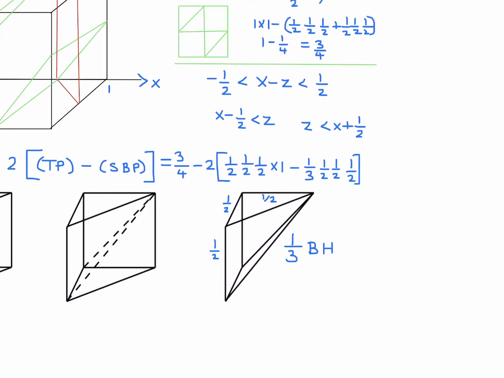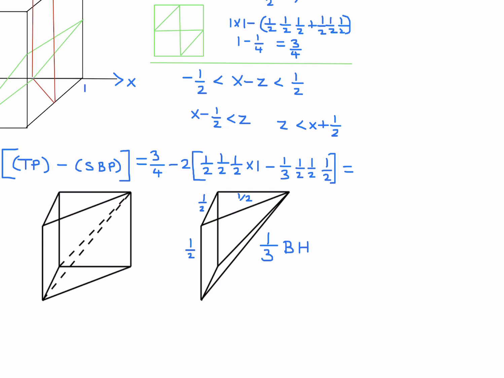Now all we have to do is just figure out that math. So that's going to be 3/4 minus 2 times 1/8 minus 1/24. Okay, so 3/4 minus 2, get a common denominator, 3 and 3, 3 minus 1, so 2/24.